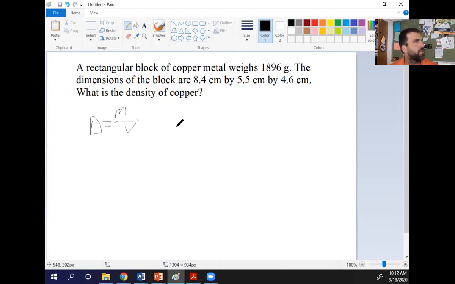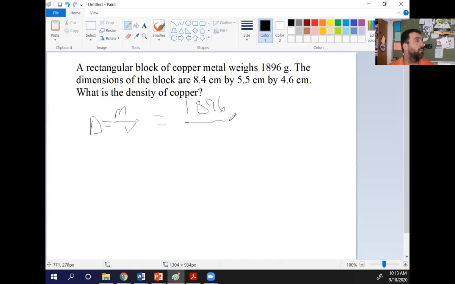Okay, what's the mass? Grams is always going to be a mass. 1,896. What's the volume? How'd you do that? Volume is length times width times height.